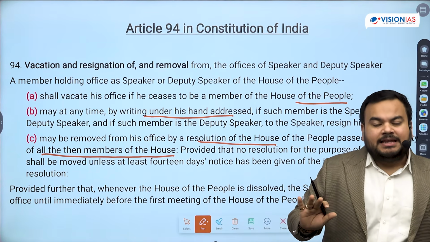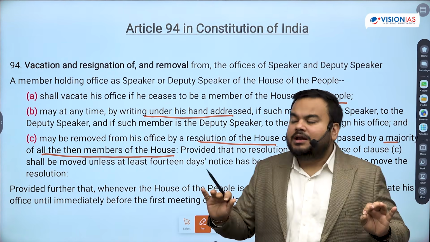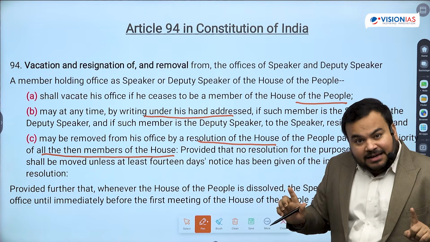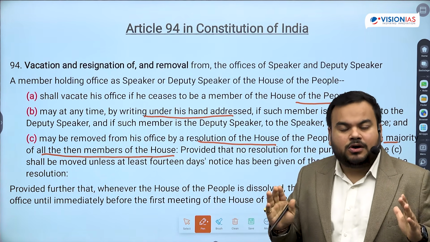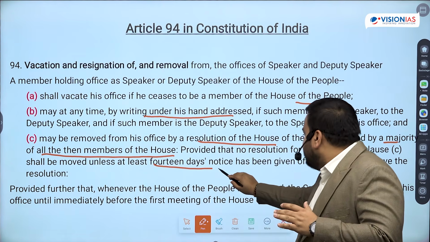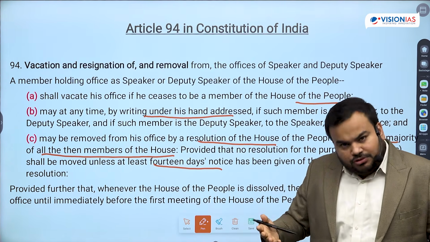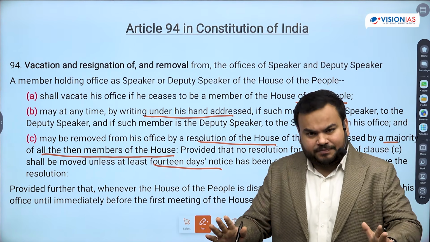So it is being told that if a resolution is passed by all the then members of the House, what are the conditions? That such a resolution can only be discussed in the House of People if a 14 days prior notice has been given with an intention to move that resolution. So again, a 14 days notice period has to be given, right?